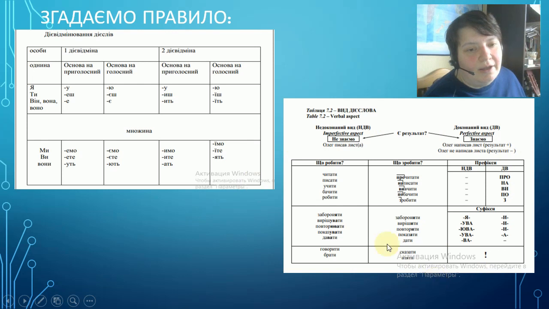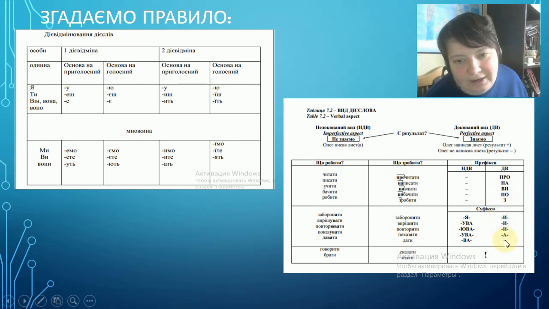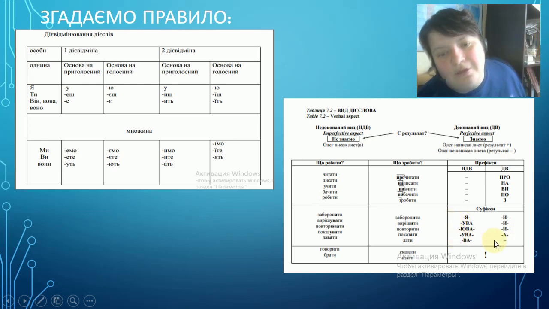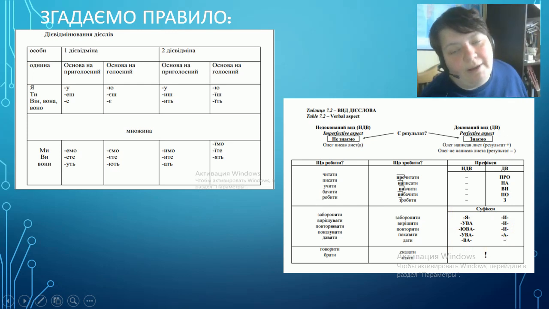So, how to learn if it's perfective or imperfective? Just look at the beginning of the verb. We have some prefixes here: pro, na, vi, po, z, or some suffixes: i, a, u, ya, uva, yuva, va.